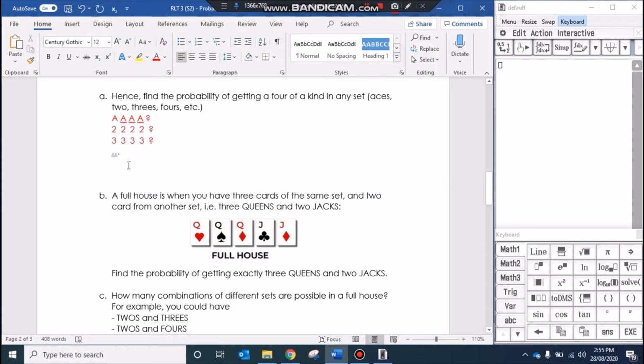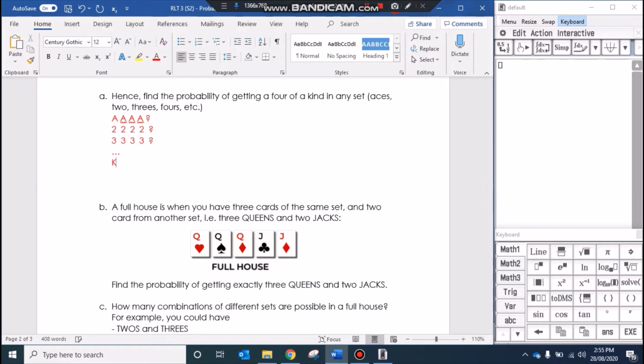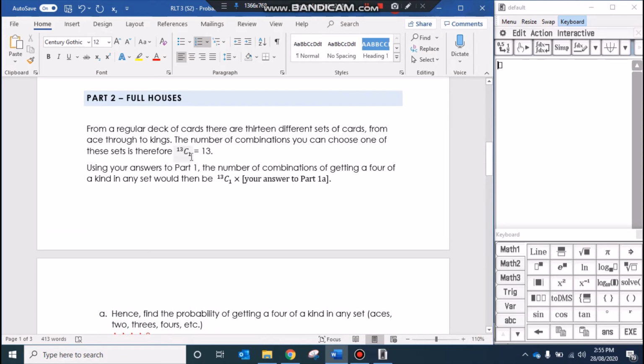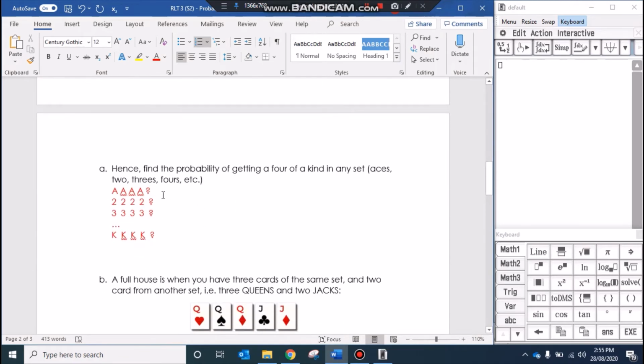If I kept going all the way down to kings, there would be 13 different options in total. Now that 13 is equivalent to 13C1. So you could just assume that it's 13 multiplied by 48 different options, every time you choose a different set.